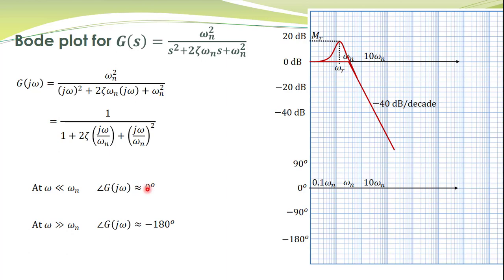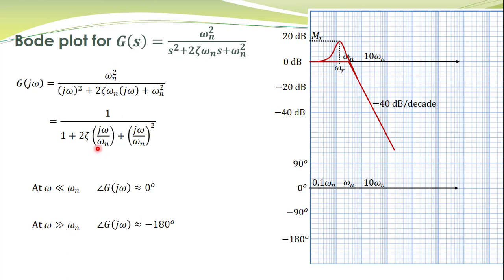So at very low frequencies, the phase angle of this complex function is equal to 0. At higher frequencies, omega over omega n will be a large number, its square will be much larger, so we can just omit this small number. We can even ignore this small number, because this square will be much bigger than this number.